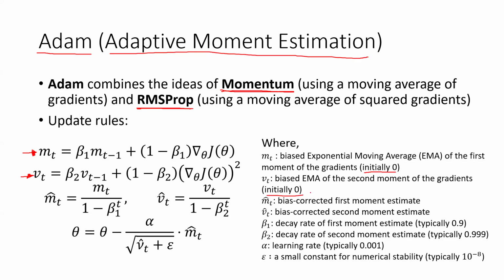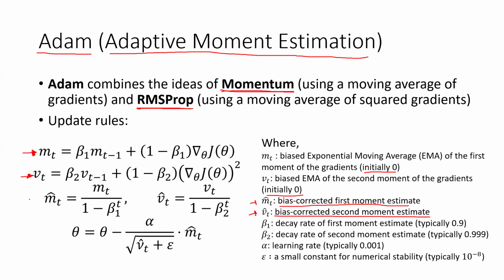Because of that, in the earlier phases of the learning process, Mt and Vt are not unbiased estimators for the moments, right? So we have to make them bias corrected. We calculate the bias corrected first moment estimate, Mt hat, and the bias corrected second moment estimate, Vt hat, right?